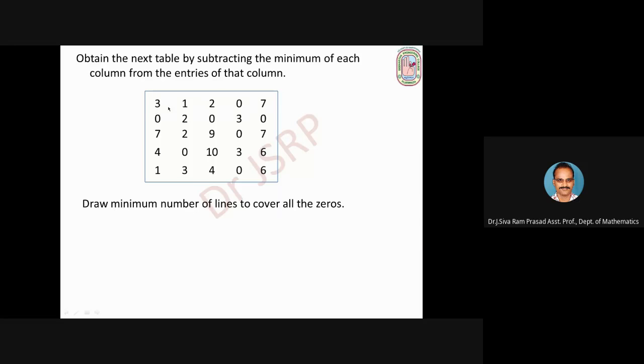How many zeros are in the first row? Only one 0. So row 1 contains only one 0. Circle that 0 and fix the column. That means draw a vertical line.